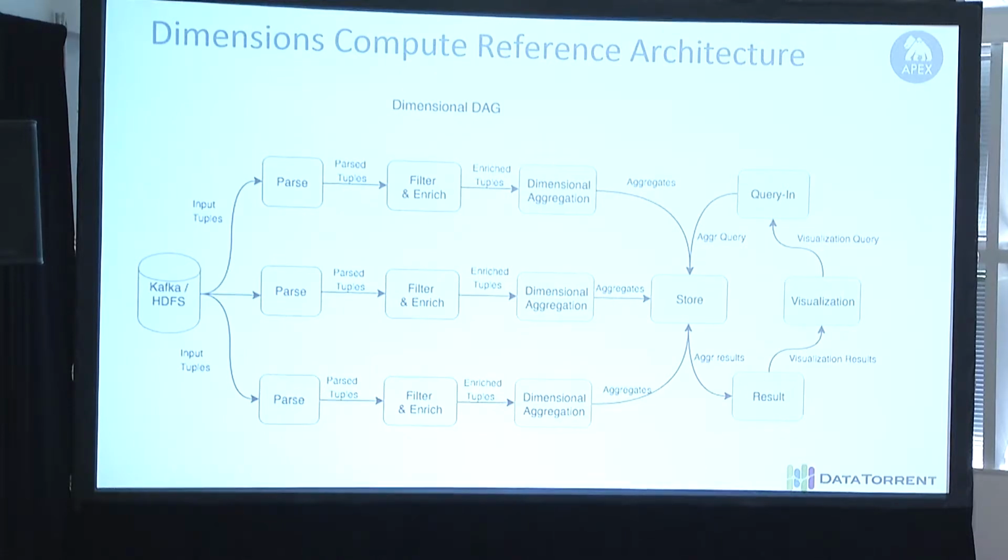However, for now, at a high level in this particular use case, you're reading data from Kafka, parsing it into multiple tuples, running some filtering and enrichment on that, and then doing dimensional computation based on your own schema, aggregating those tuples. That will generate aggregates. The store will re-aggregate things and also give interfaces for a visual dashboard that you can create in real time to query into the store and get results out of the store.